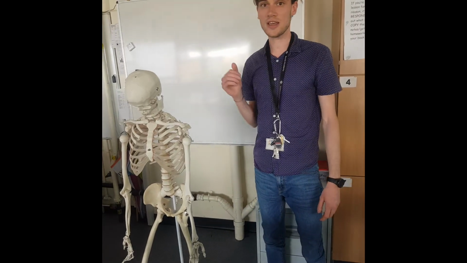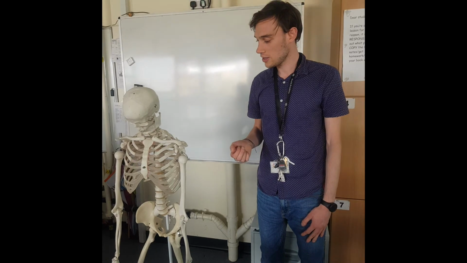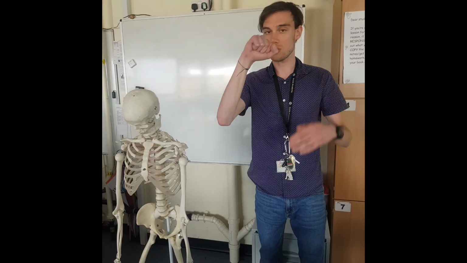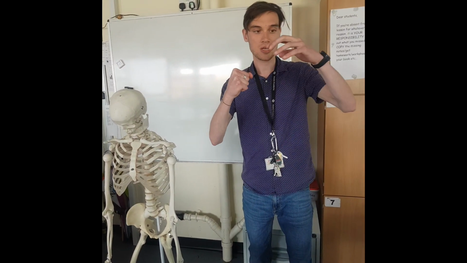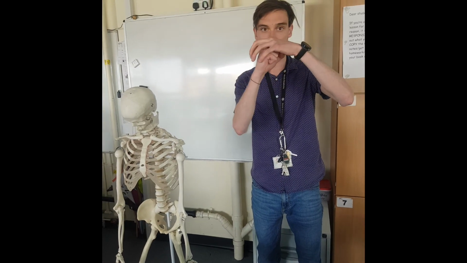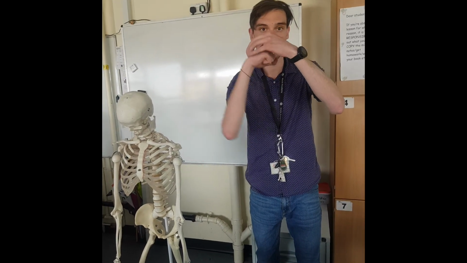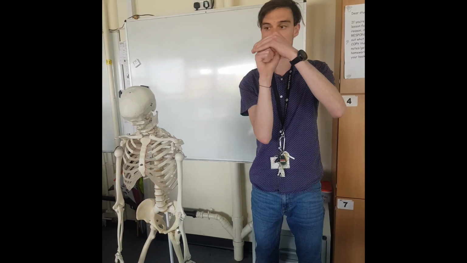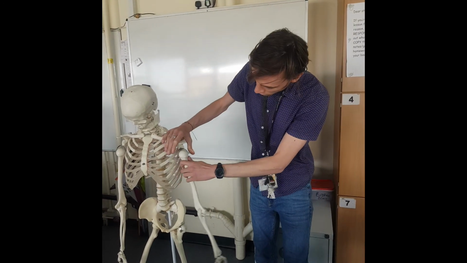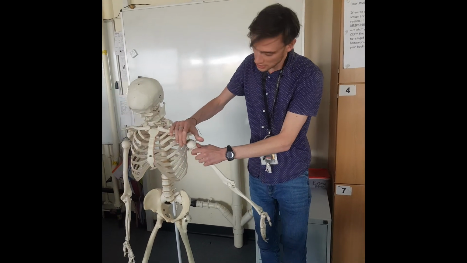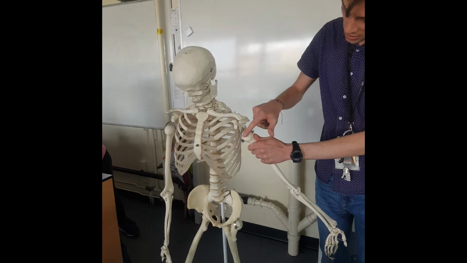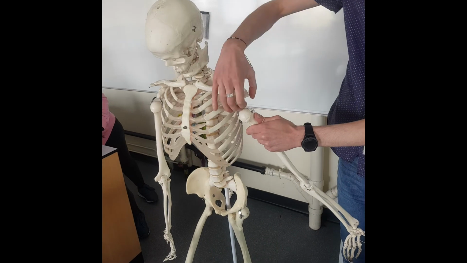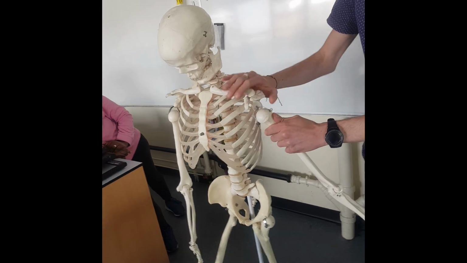Okay, the second type of joint we're going to talk about is a ball and socket. So a ball, just like your fist, and a socket, make your hand like that. A ball and socket can move in a lot of different directions, a whole range of movements. So if you look here on my friend Bob, as you can see, he's got a ball, so a rounded top, and then he's got a socket that the ball fits in.